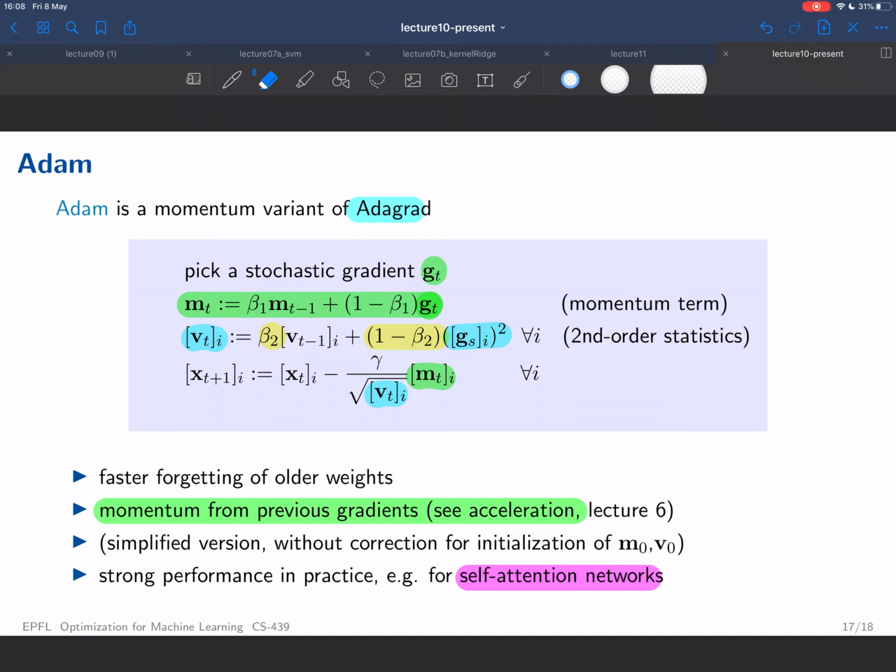That is always something that has to be kept in mind. So that's probably the main advantage of all these algorithms which we discuss here, which are Adagrad and Adam. Why they're so popular is mostly that they are much less sensitive to this gamma step size. In SGD, you have to do this very carefully to get the best performance.